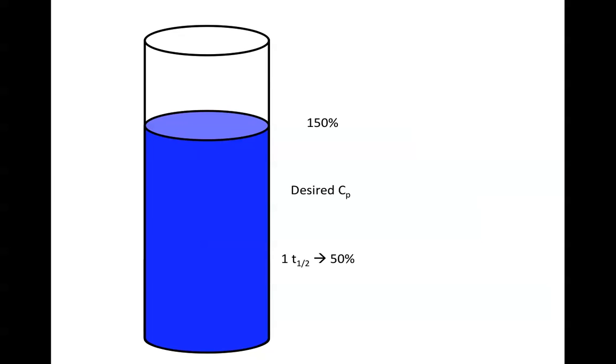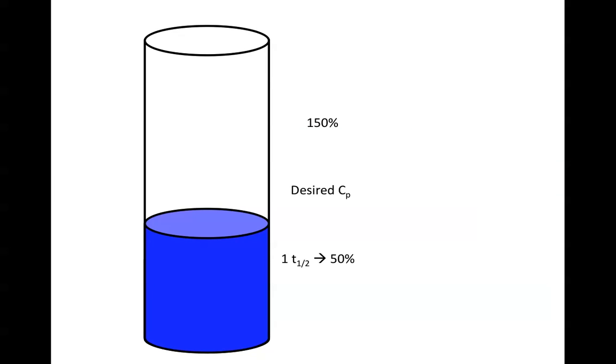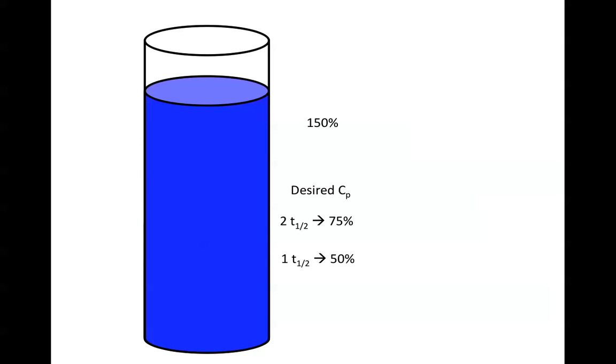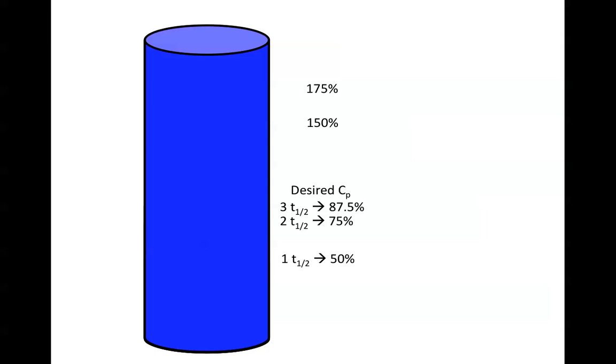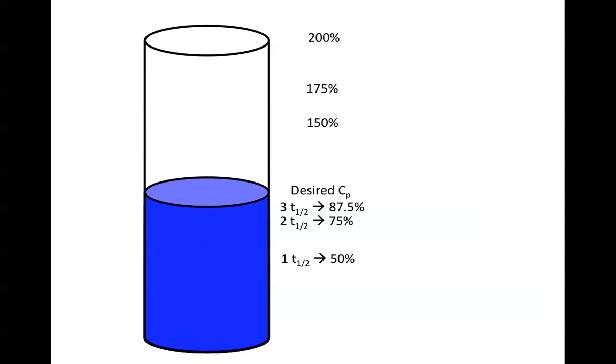If you waited another half-life, you'd eliminate half of that drug, and you'd be down to 75%. If you were to give another loading dose, you'd be up to 175, and if you waited another half-life, you'd be at 87.5%. If you kept doing this over and over time, eventually you'd get to 200%, and after a half-life, you'd be at the desired plasma concentration.